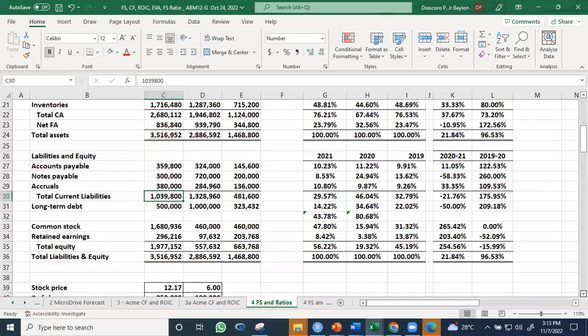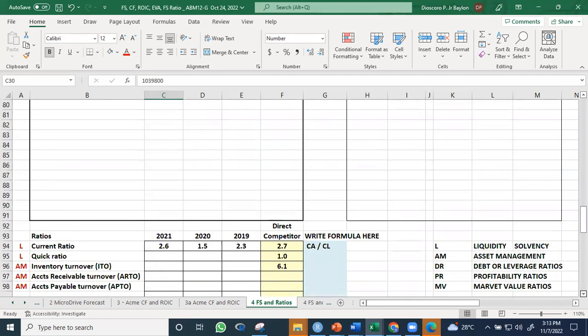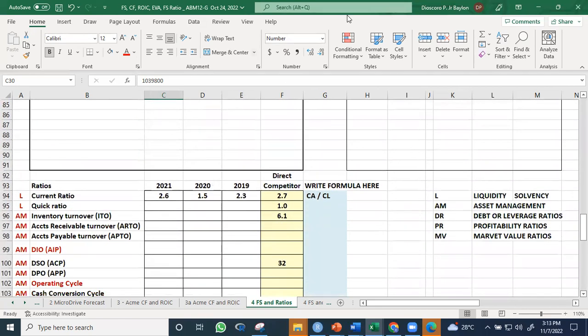Let me pause for a while, guys. Any questions about these current assets? Or let me put it positively: is our discussion of current assets clear, their implications, and how to analyze them, benchmarking against time and against the direct competitor?